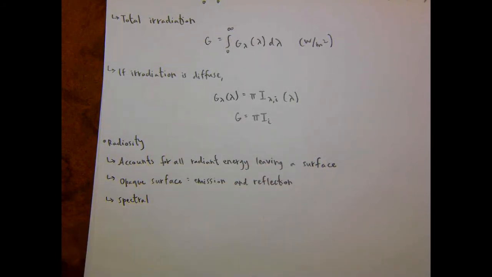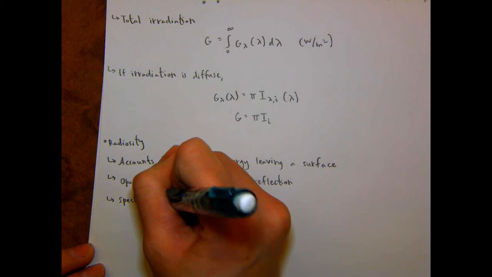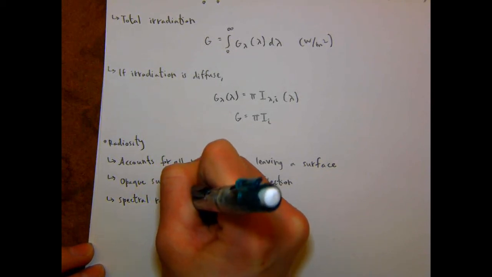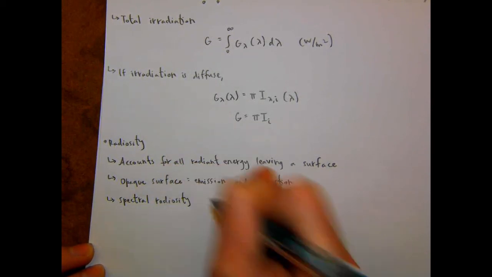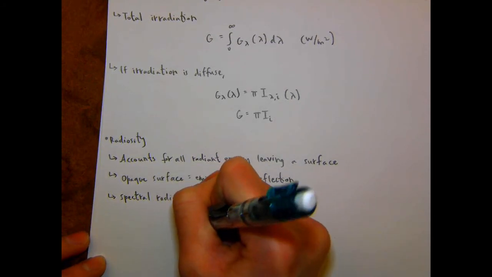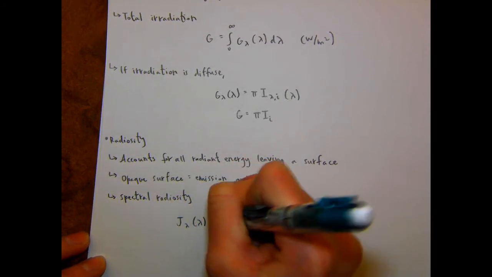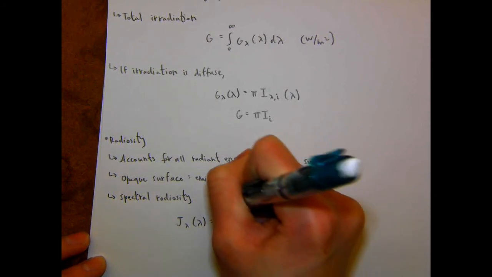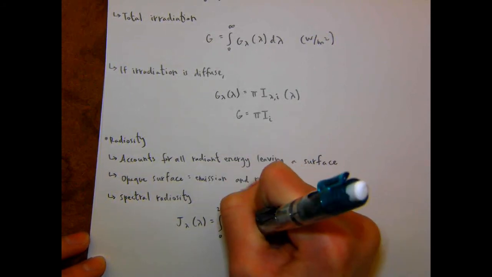So we had spectral emission, spectral irradiation, spectral radiosity. And that's from integrating the intensity up over the angles.